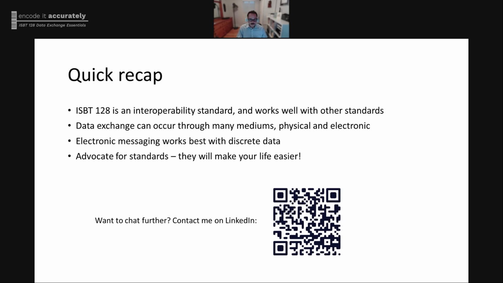And while XML provides a solid foundation, FHIR goes to the next level with a healthcare-specific, patient-centered, scalable, modern approach. If there's just one thing to take away, it's this. ISBT 128 isn't just a labeling standard. It's a language for safe, efficient healthcare data exchange for medical products of human origin.